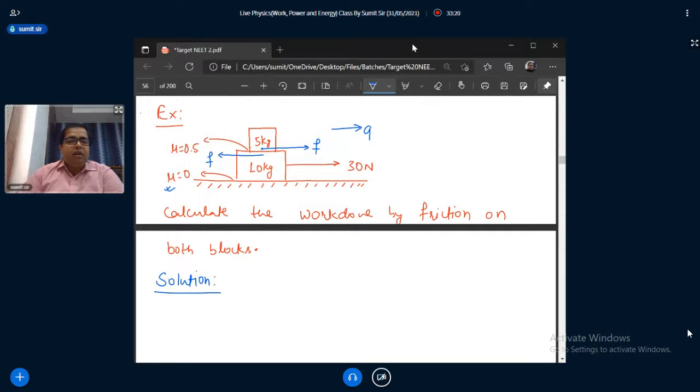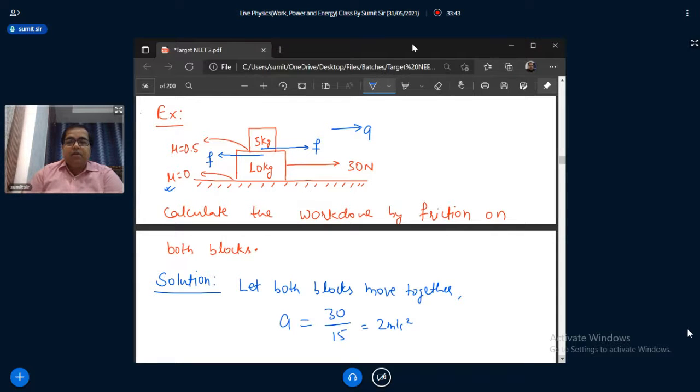So first I am assuming let both blocks move together. First I will verify are they moving together or not. So acceleration of both blocks will become net force 30 by total mass 15. This is 2 meter per second square.